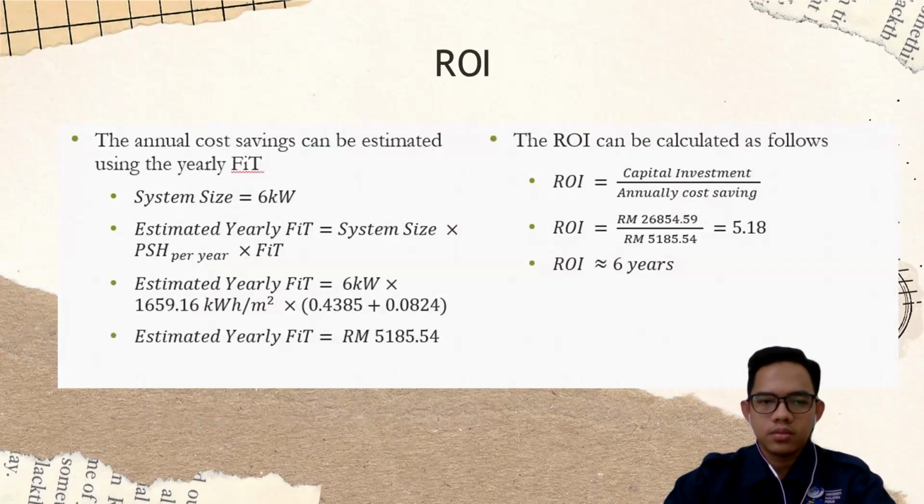Based on the ROI, the annual cost saving can be estimated using the yearly feed-in, where the system size is 6 kilowatt, and we get an estimated yearly feed-in of around 5,185.54. So the ROI that has been calculated is around 6 years.